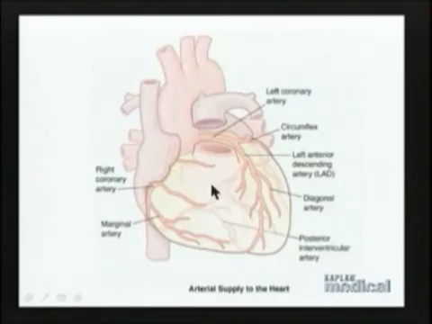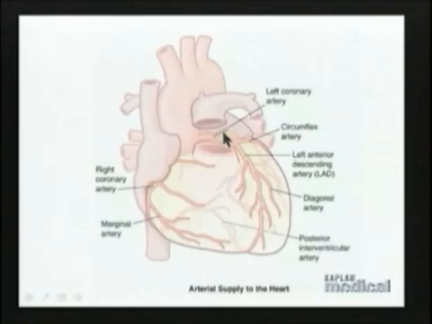And in fact, there are communications between those two vessels, that is anastomoses, between a branch of the left coronary and the right coronary, so that if, for example, there was a partial occlusion of the right coronary artery and a decreased blood flow in the right coronary, by way of the circumflex branch, the left coronary can be supplying areas that normally would be supplied by the right coronary.